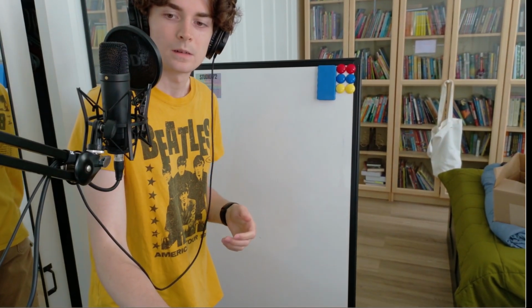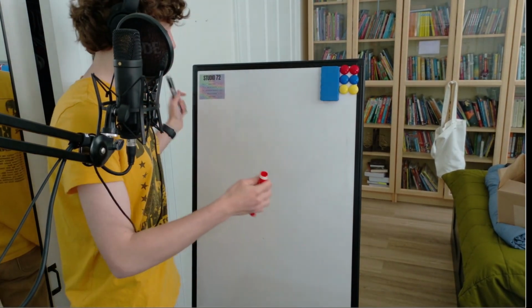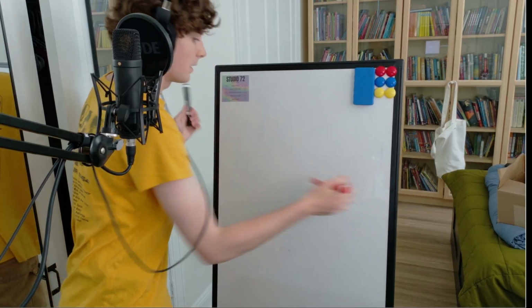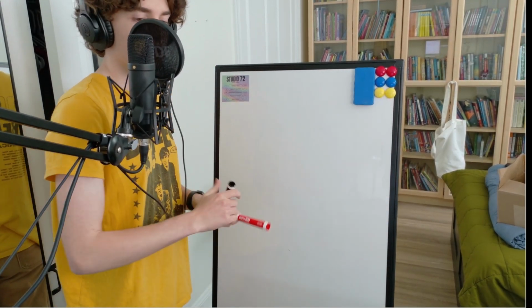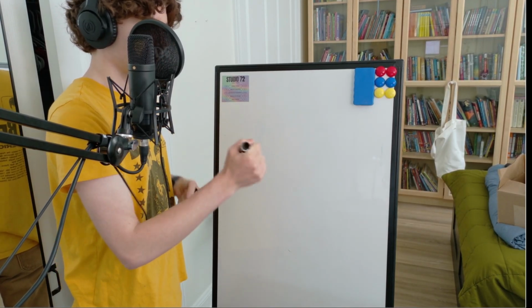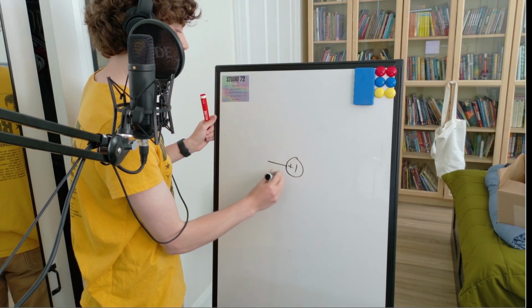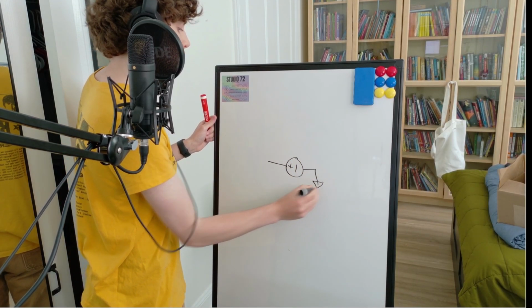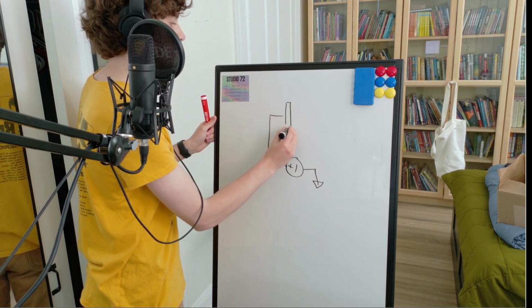So, here, we can imagine that we have some circuit here, like this. Voltage source, one end connected to ground, and the other to a metal plate.